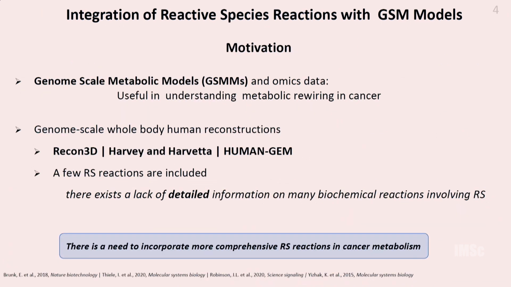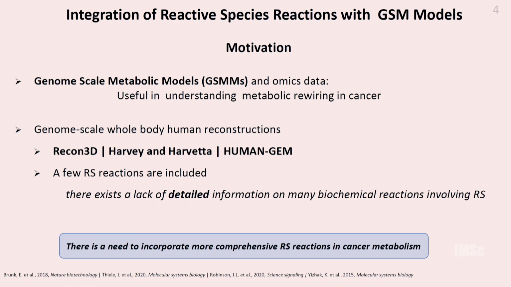One of the challenges we had is that we went to the standard genome-scale models, for which human reconstructions are available, and many of them do not have comprehensive reactive species reactions. They have some reactions, like 30 or 40, but there is no detailed information about the many biochemical reactions involving reactive species.